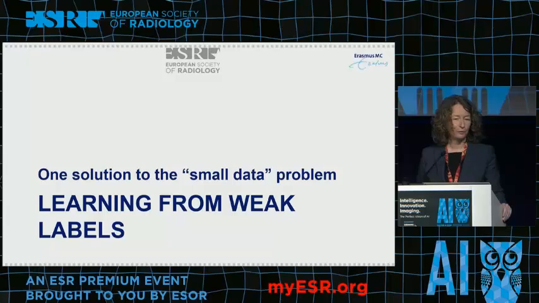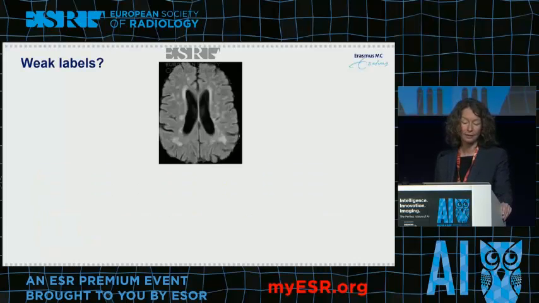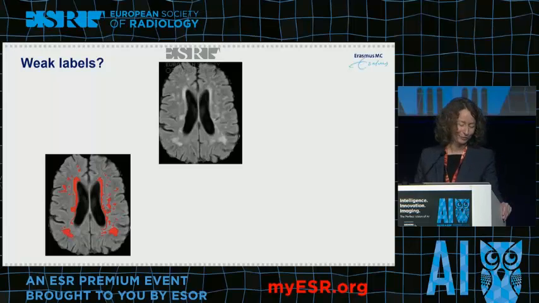Another way of looking at this is that we could try to learn models from so-called weak labels. And what I mean with that is if the task, for instance, is to segment hyperintensities in MRI images, strong labels would look like this, and they take a lot of time to make.